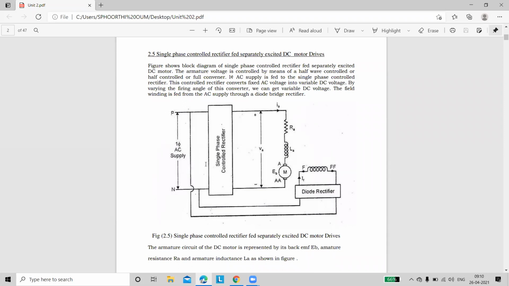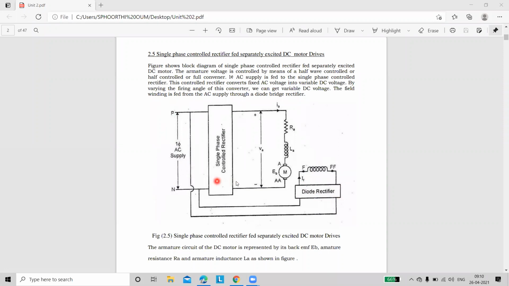See the circuit. It is very simple. From a single phase rectifier, a motor is connected and it is a separately excited motor. That's why the field winding is excited separately. For this field winding, initially we are providing AC supply. In order to convert this AC to DC, we are using a diode rectifier.